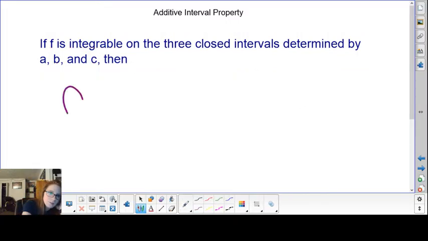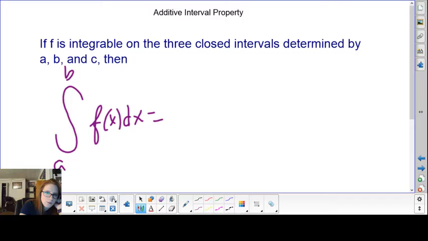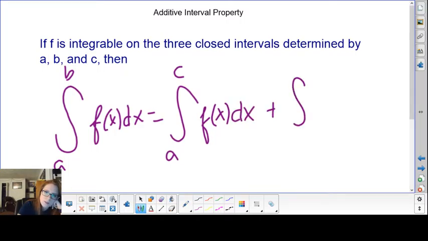The integration from A to B of f of x dx is equal to the integration from A to C of f of x dx plus the integration from C to B of f of x dx.